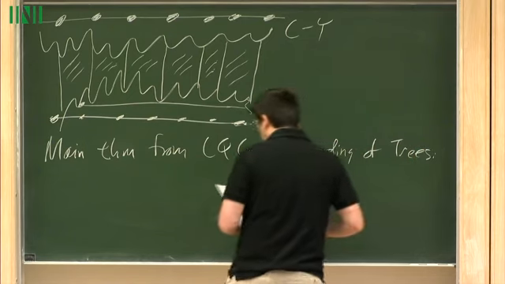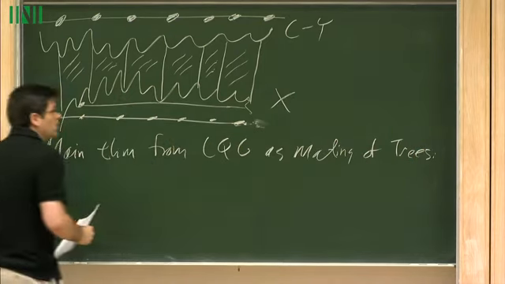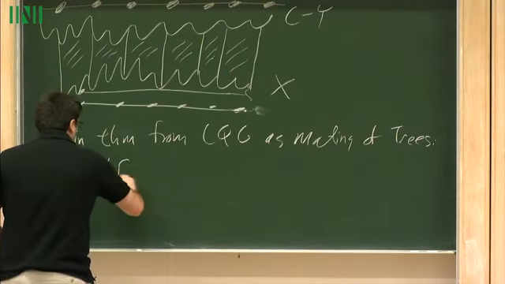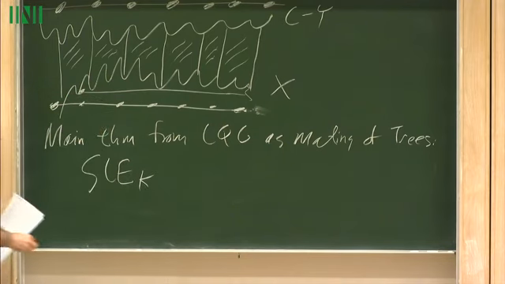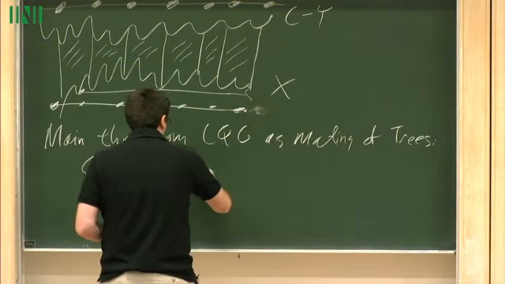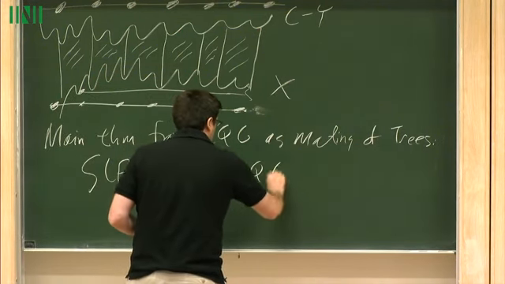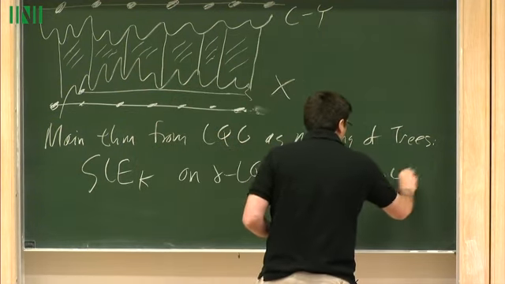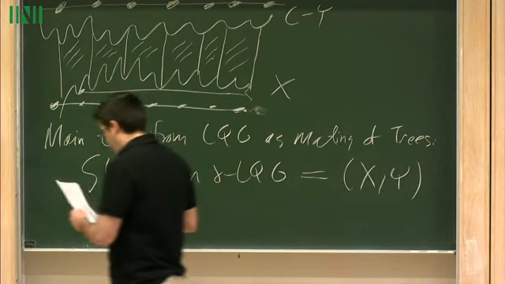And what the theorem says, roughly speaking, is that if you take an SLE kappa process and you put it on top of Liouville quantum gravity, then this encodes exactly the same information as this Brownian process x comma y.